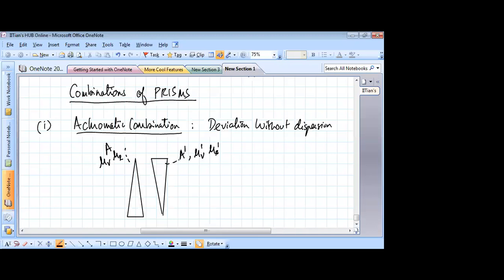The second one. So what we want here is that white light incident should emerge from the combination as white light only, but obviously with some kind of deviation.